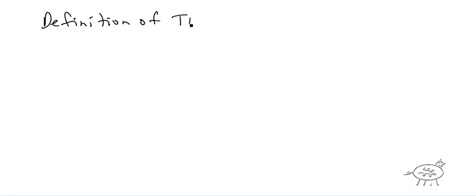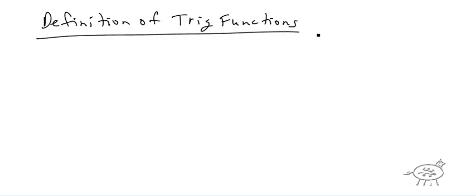of trig functions. So let me actually get rid of this little writing here because I'm going to need to write a lot. This is the definition of trig functions. Okay, first of all, we can draw our xy coordinate plane here, and we're going to draw an angle.